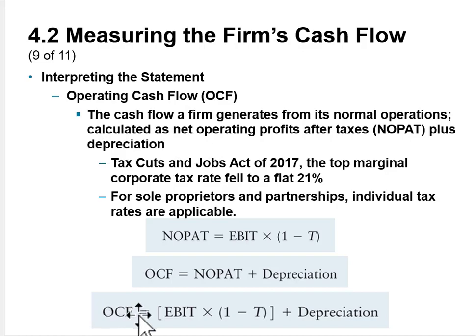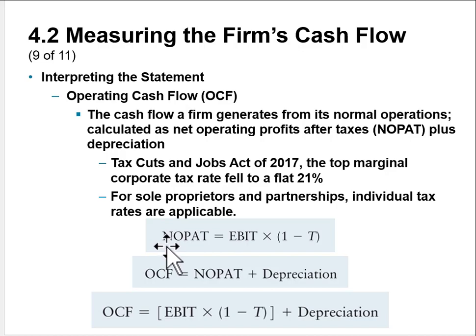How do we find operating cash flow? The first part, we need NOPAT, net operating profit after taxes. And I don't think I've mentioned this earlier, but finance is filled with acronyms, right? So the sooner you get used to the acronyms, the easier this ultimately becomes as far as understanding what's going on in the formulas.